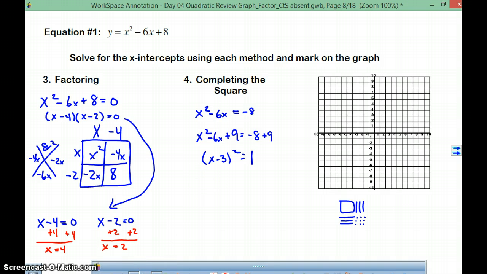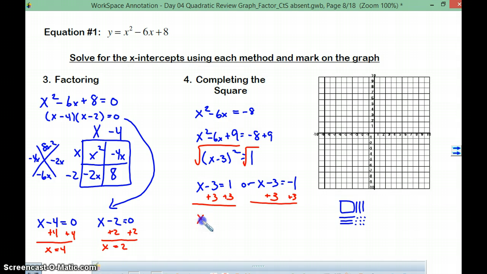I take the square root of both sides. And if I do that, I have x minus 3 equals 1, or x minus 3 equals negative 1. I add 3 to both sides of both equations.